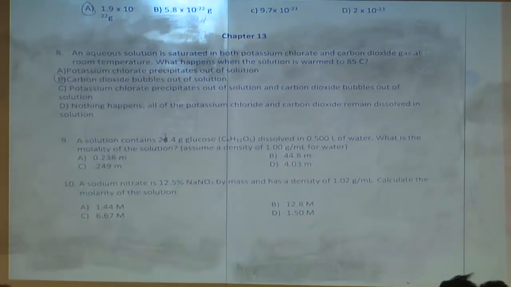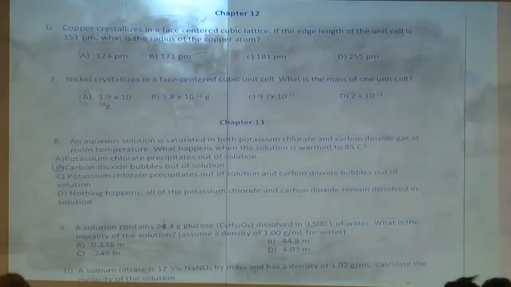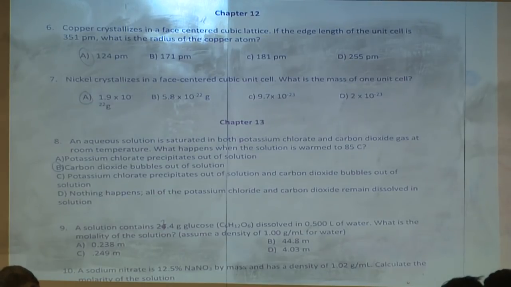All right, now number 9, I put a typo. It should be 22.4, not 24.4. I think you made a typo in number 5. Did anybody else get a different answer for number 5? Yes? You got 7.1? Everyone else got 7.1?